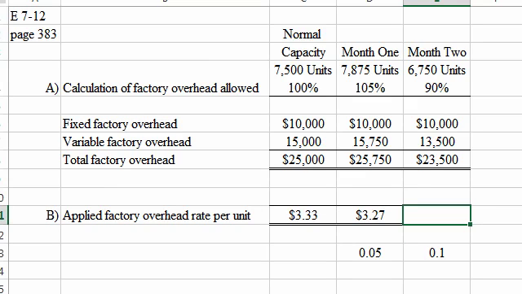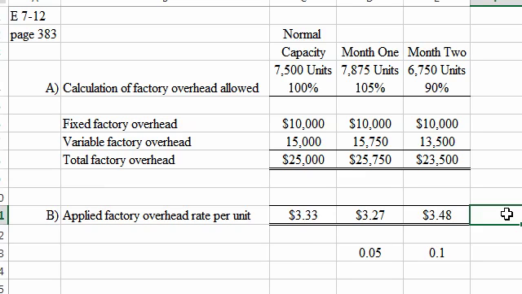And then when we're below normal capacity, this applied factory overhead rate per unit is going to increase. It's going to be equal to our total 23,500 divided by, spread over fewer units, 6,750. So the rate goes up to $3.48.